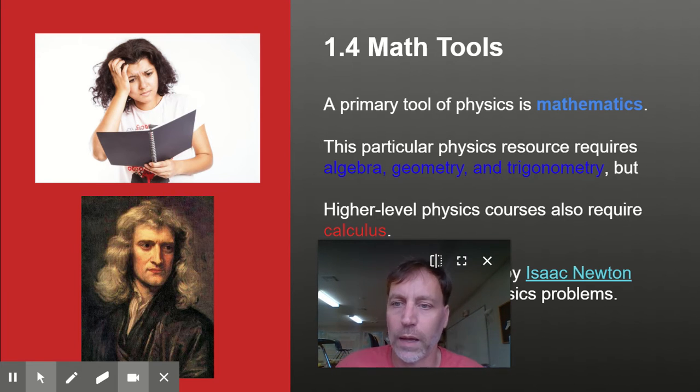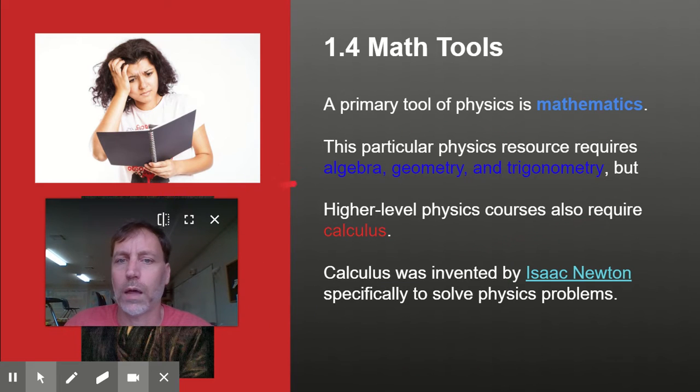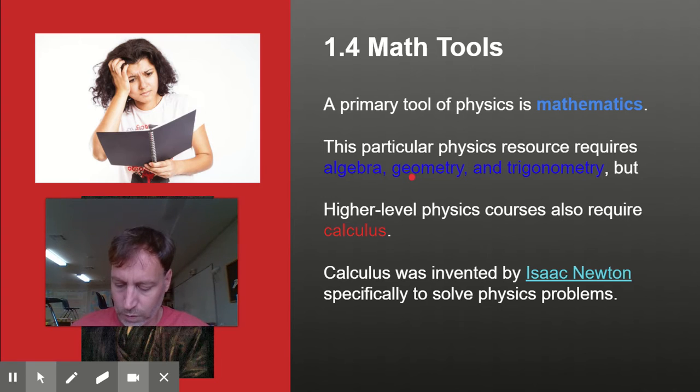His friend challenged him with that question, and Sir Isaac Newton came back with the answer, and it was calculus. One day when you take calculus, you'll be able to understand where that came from. But for now, the math we'll be using in this class is going to be trigonometry and geometry with some algebra as well.